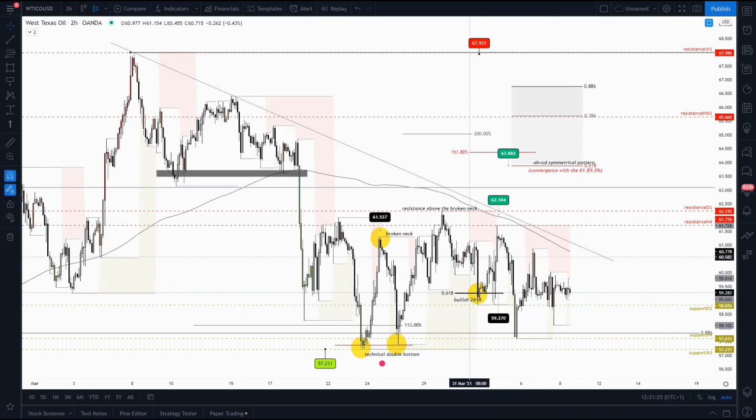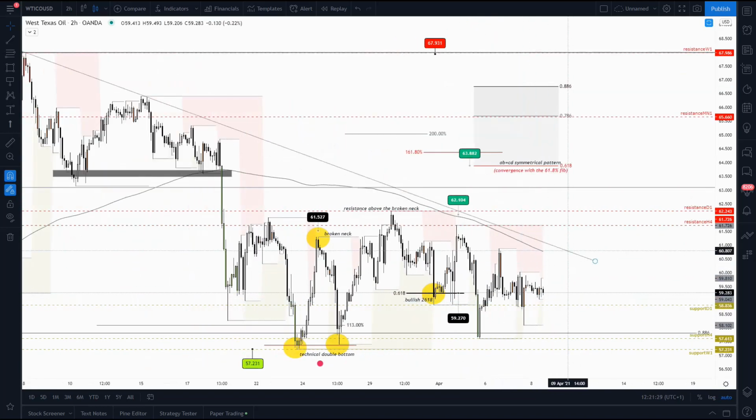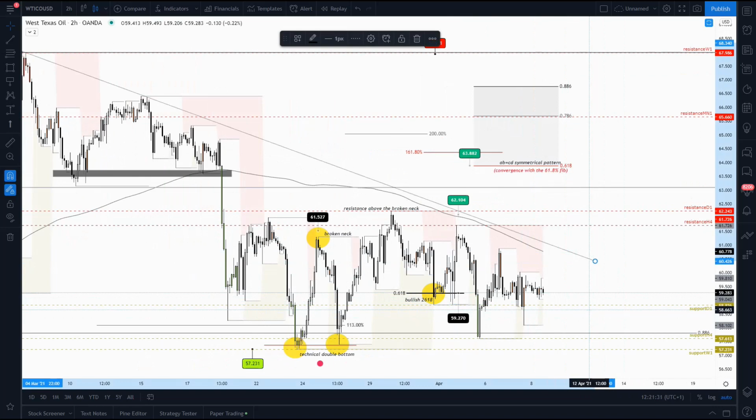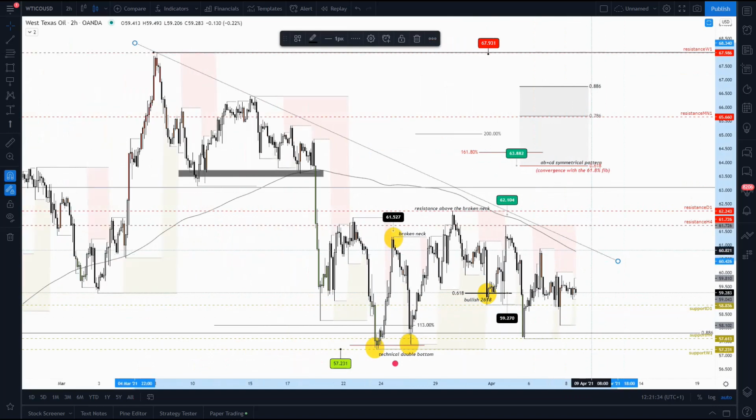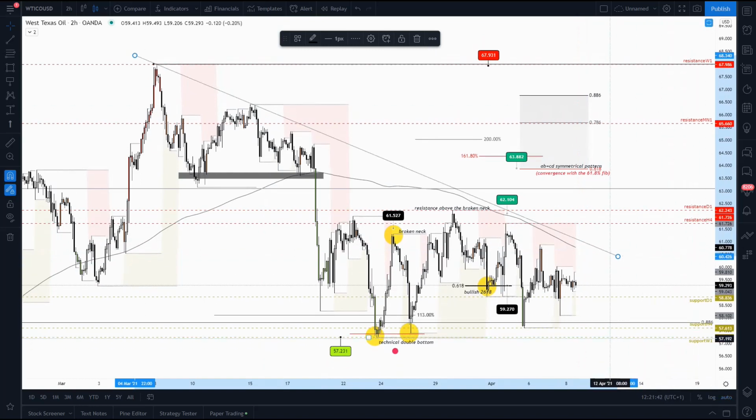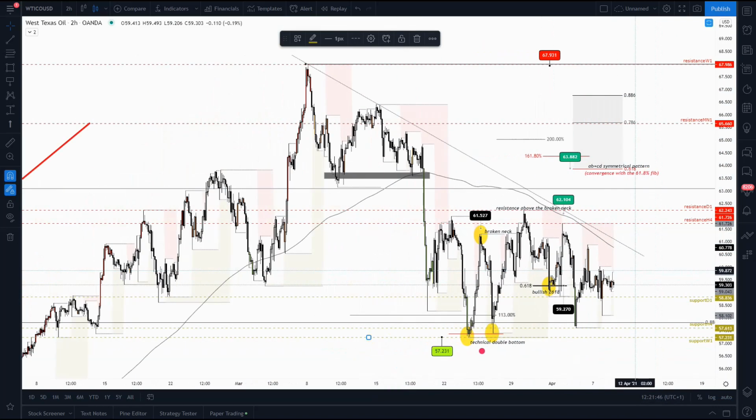Very nervous price action at this point. We need to wait for one of two things. One of them, the violation of this descending trend line resistance, which may offer more upside momentum, or the violation of the technical double bottom, which should trigger more downside momentum.